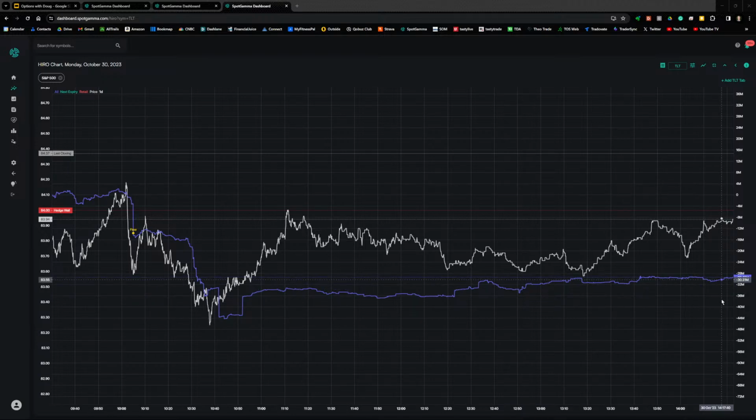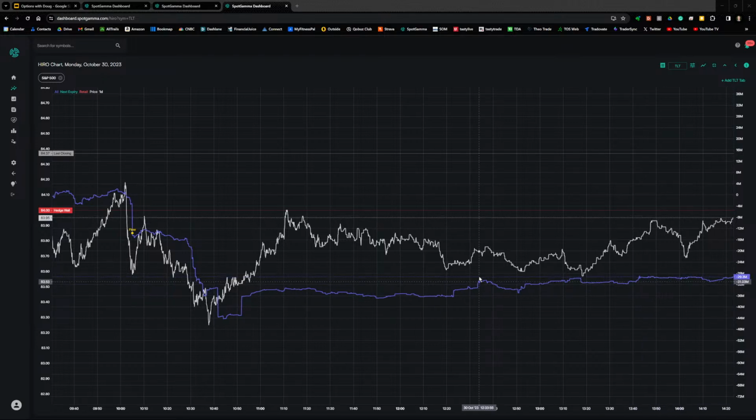The notional value for the S&P 500, for example, is in the billions typically, could be anywhere up to 6 or 7 billion on the high side. And here, for TLT options traders, notional value is negative for the day at minus 29 million.